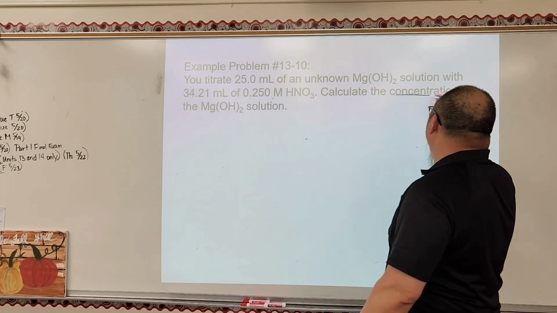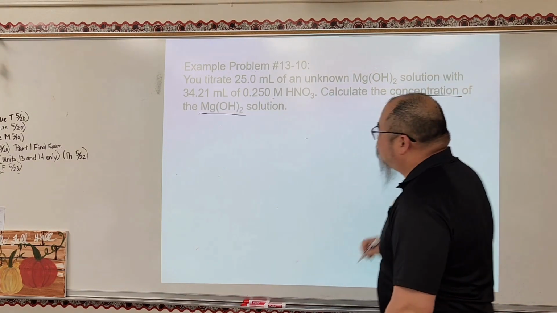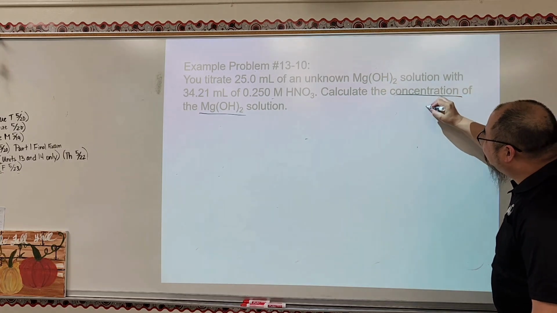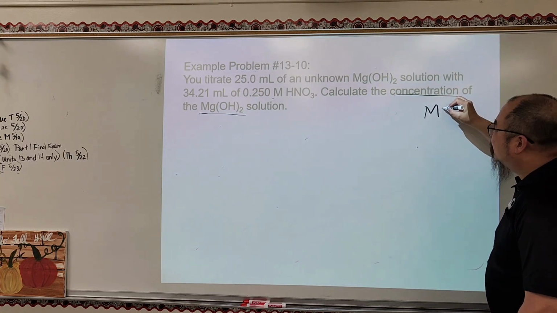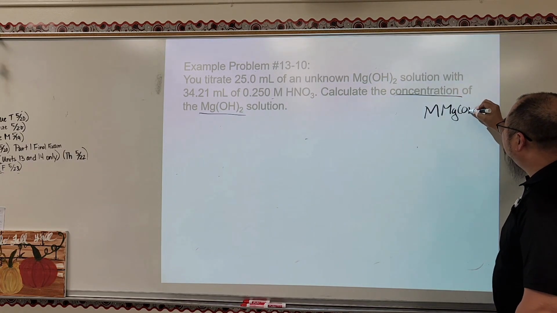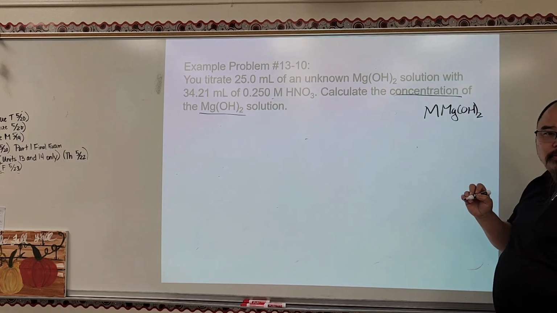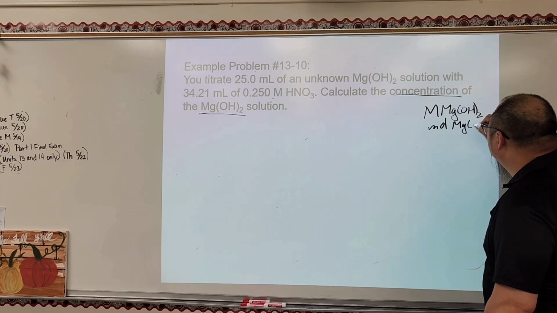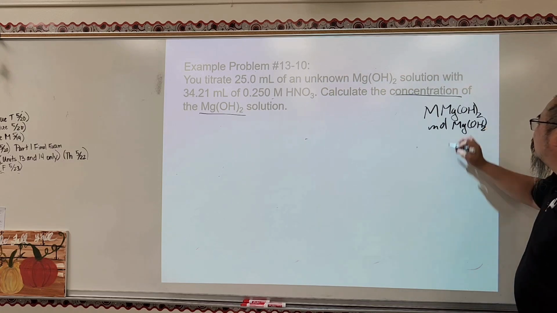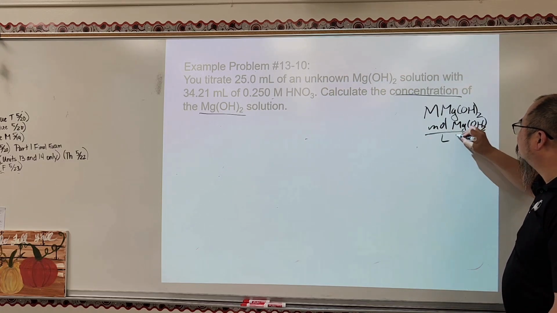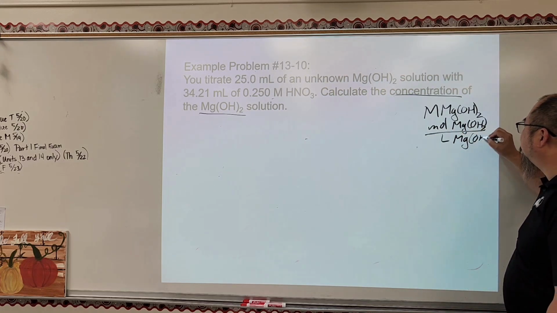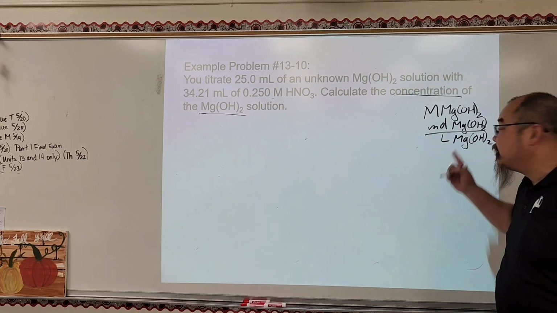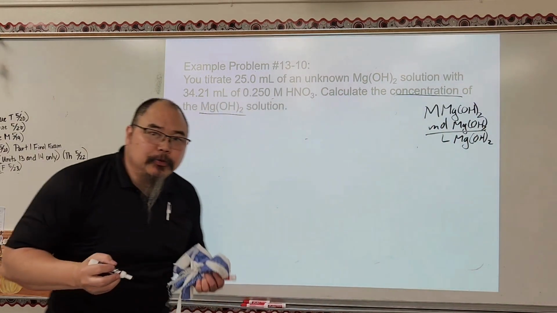I got to calculate the concentration of magnesium hydroxide. That means concentration, molarity, of magnesium hydroxide. Another way to write this, moles of magnesium hydroxide over liters of magnesium hydroxide. That's our goal. That's what we're trying to get to.